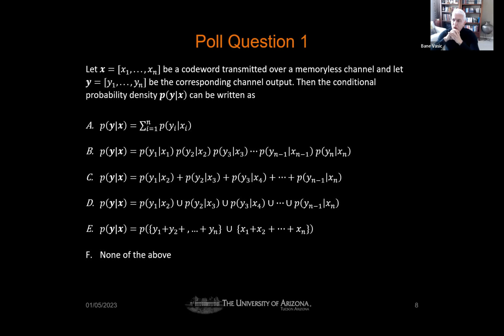And let's suppose that Y is the corresponding channel output. So this is a memoryless channel, and the question is, the conditional probability, the density of output given input, can be written as one of these expressions. So maybe you can choose which one.